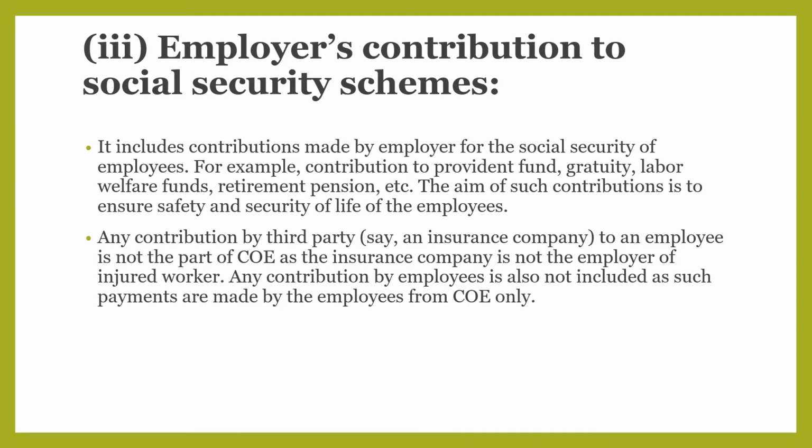Plus employer contribution to social security schemes. It includes the contribution made by the employer for the social security of employees, for example, contribution to provident fund, gratuity, labor welfare fund, retirement pensions, also included in COE.